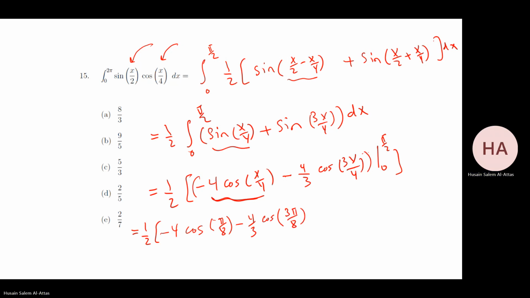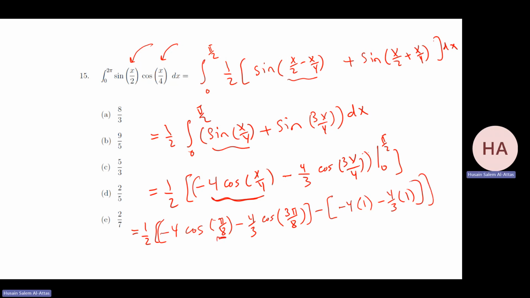It's not good. Minus, this is minus 4 cosine 0, which is 1, minus 4 over 3 times 1, 2.